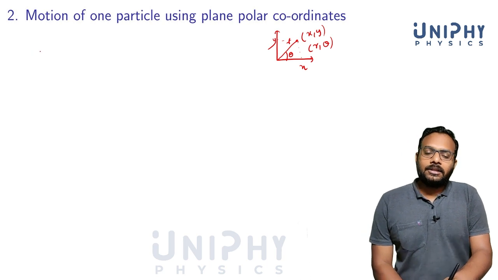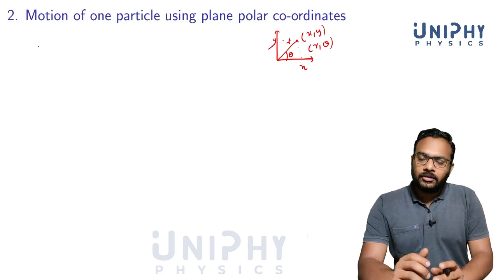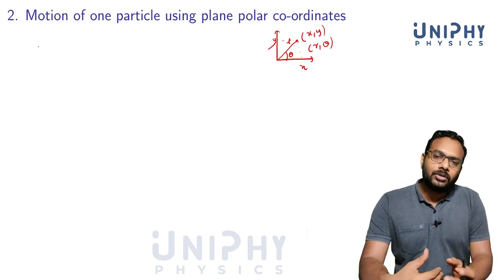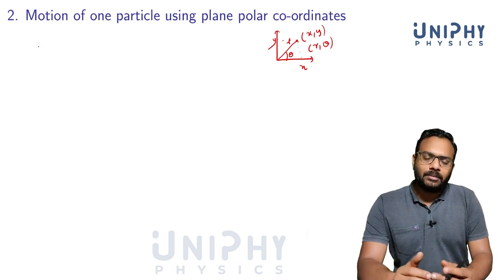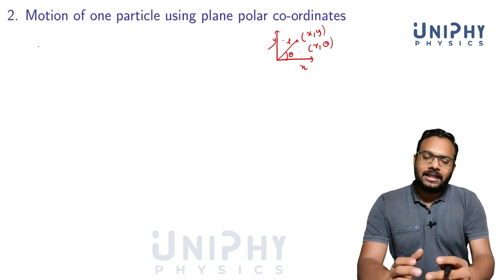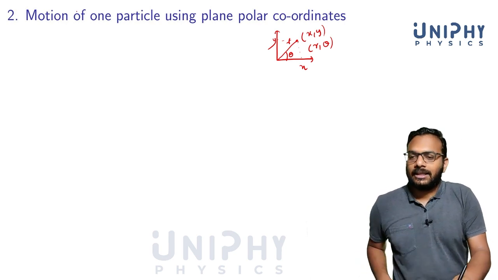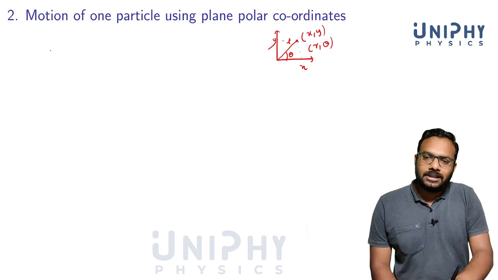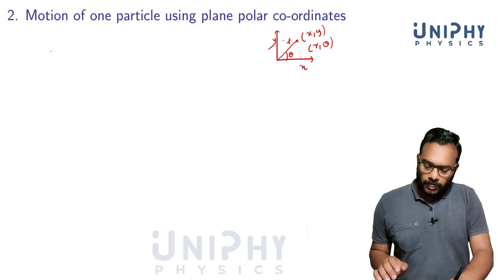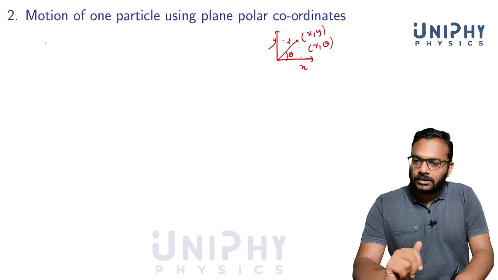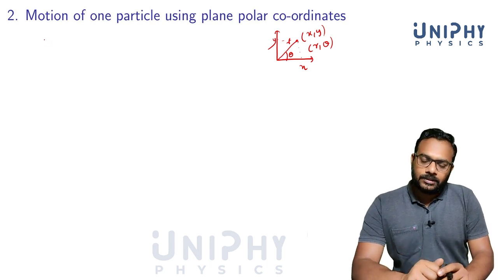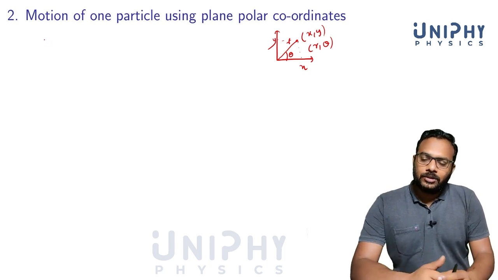We can use the idea that we get from here for many other problems to solve them in a quick way. When plane polar coordinates are involved in later problems, we'll see that there are certain shortcuts we can take. But here we'll do it starting from the very first step, and later on we can use the shortcut.